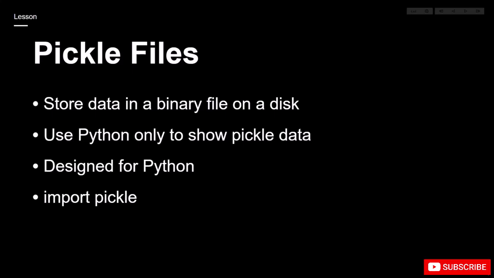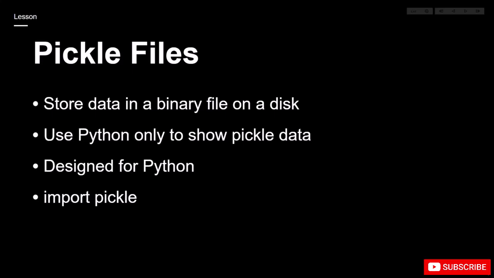And if you want to work with pickle files in Python programming language, there is a module called pickle. So you can import it using the import statement first, then you can use the name of this module to work with pickle files easily, to store data in a binary file, to serialize the data in a binary file on a disk, and then you can unpickle or deserialize the data again to show it using Python programming language.